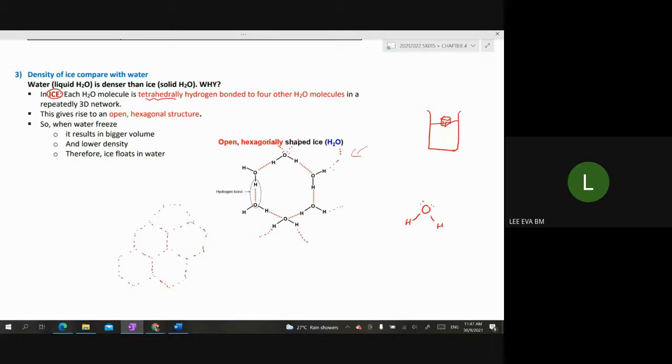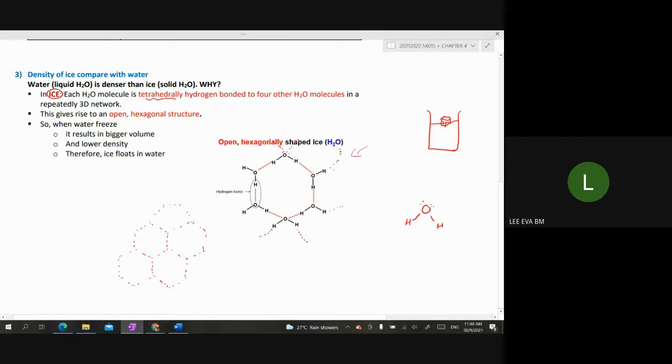Therefore, inside your ice structure, because ice they freeze already, they have a specific shape. So it will provide an open shape, okay, an open shape with a hexagon shape over here. So we say open hexagonally shaped ice.